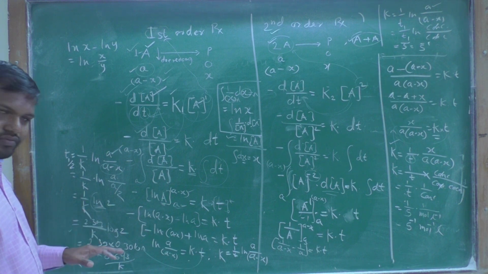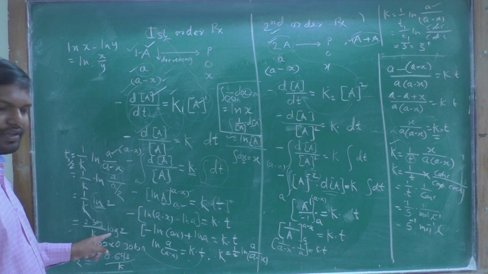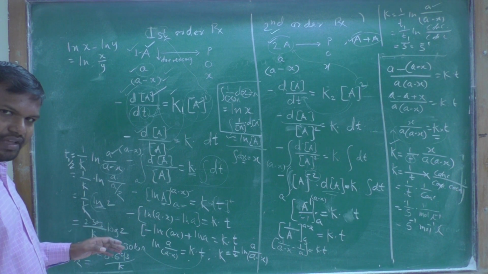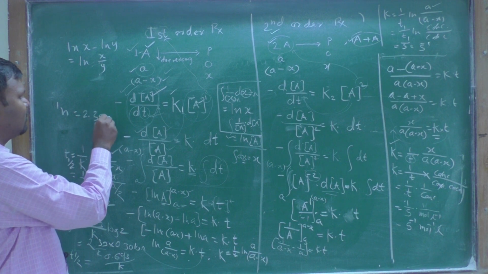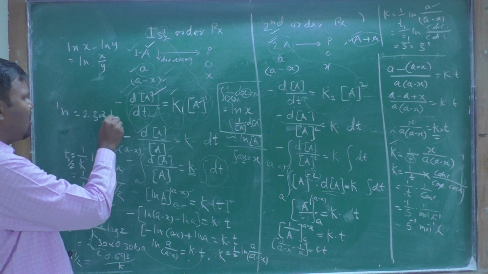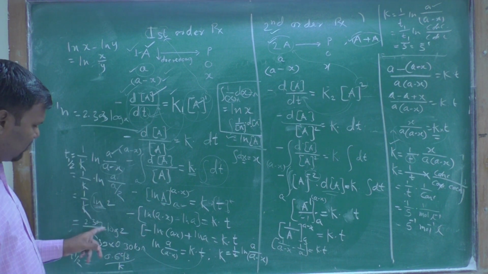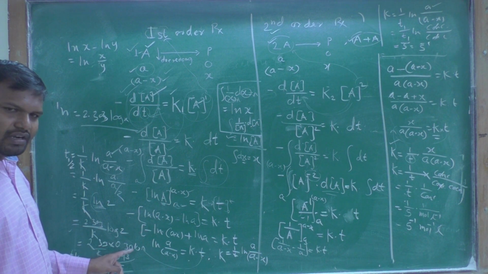Therefore for removing ln, we have 2.303, then log appears. ln is replaced by log, remember ln is equal to 2.303 then log something. Okay, therefore ln is converted to 2.303 log 2. Log 2 is 0.3010.